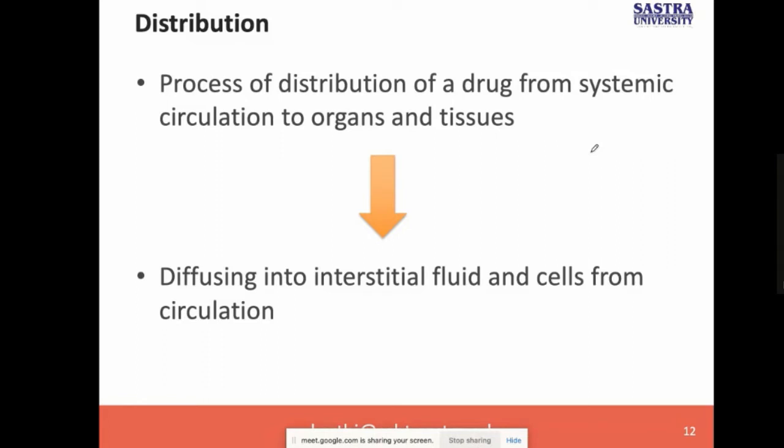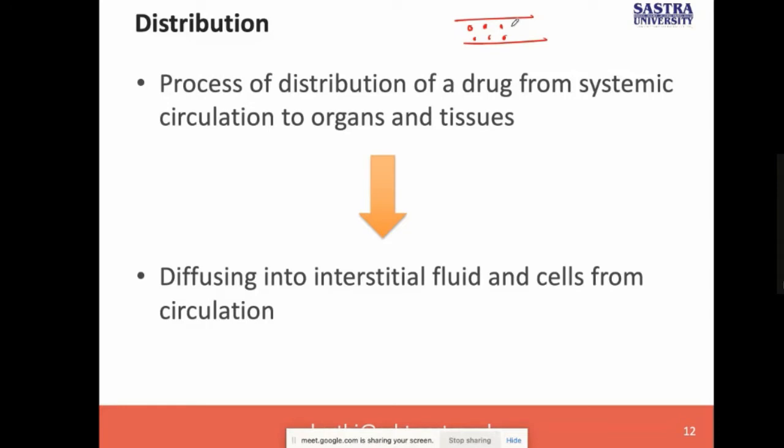So what is the distribution? Once the drug molecule enters into the circulation, say this is the general circulation, and your drug molecules enter into the circulation, right? I already told you what is the main job of this systemic circulation. So it goes to the heart, right? The heart pumps the blood.